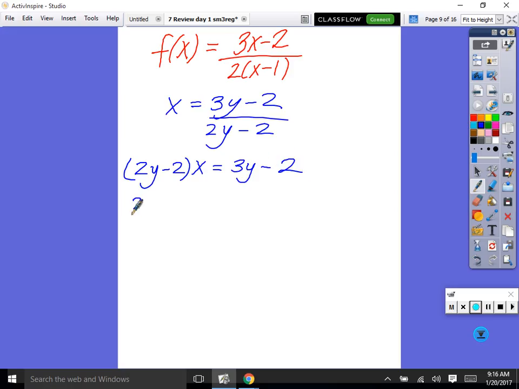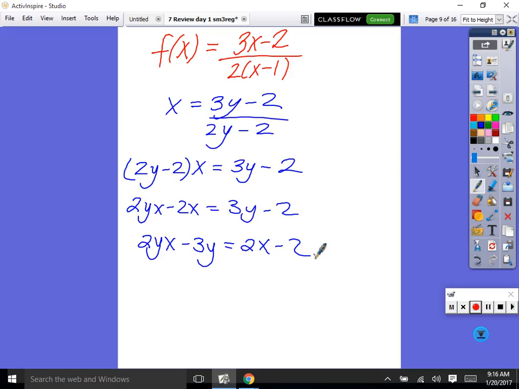Next step, distribute x. 2yx minus 2x equals 3y minus 2. Get all the y's on one side, anything else on the other. So that's 2yx minus 3y equals 2x minus 2. Factor out a y, right? y times 2x minus 3 equals 2x minus 2. Then divide by 2x minus 3.